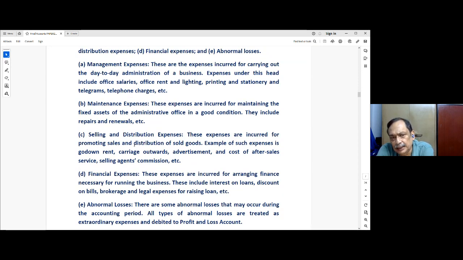These expenses are incurred for promoting sales and distribution of sold goods. Examples of such expenses are godown rent, carriage outwards, advertisement, cost of after-sale service, selling agents commission, etc.